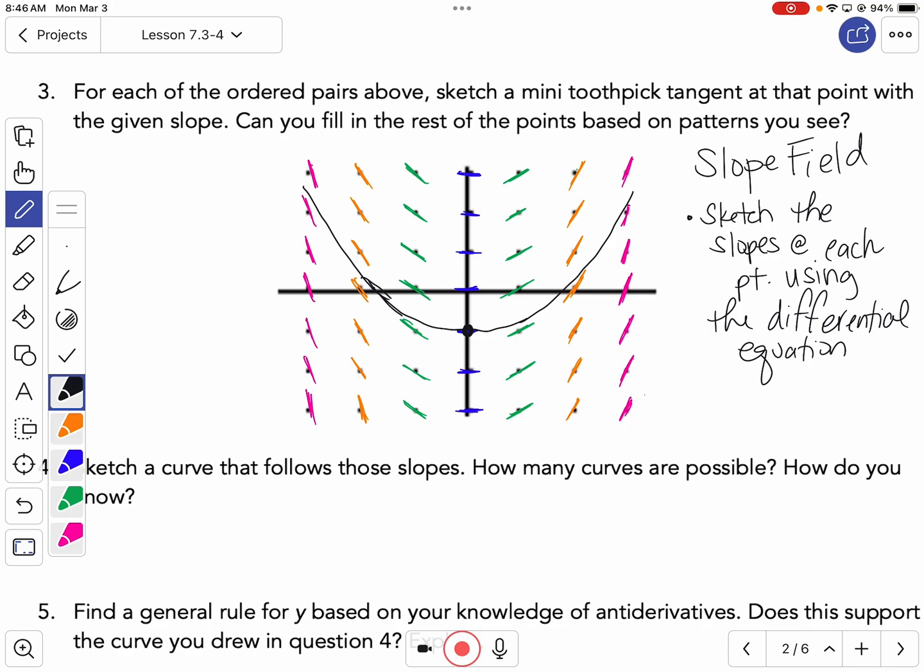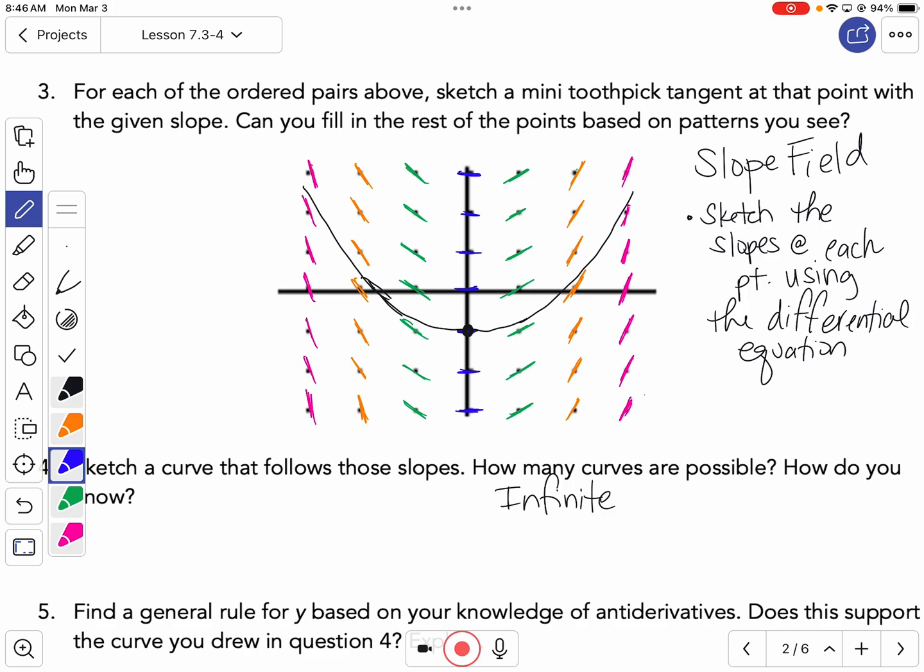How many curves could we draw like that? Infinite, okay? And why can we draw infinite curves? Because there are infinite values on the coordinate plane.